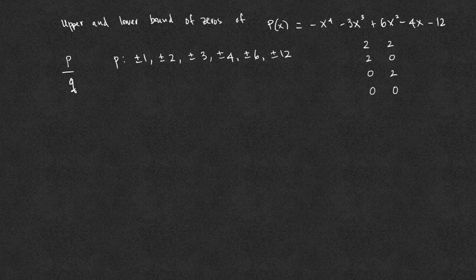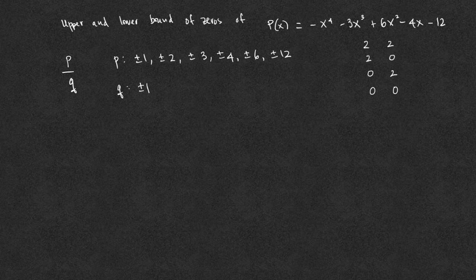For example, 3 is a factor of negative 12 because 3 divides negative 12 evenly. Negative 3 is also a factor of negative 12 because negative 3 divides negative 12 evenly as well. The possible values for q are the factors of the leading coefficient. The leading coefficient is negative 1, so its factors are only plus or minus 1.